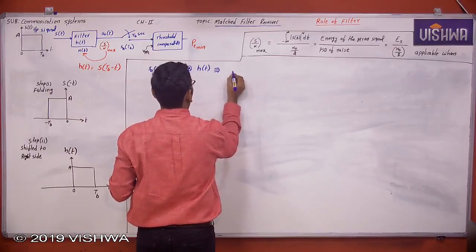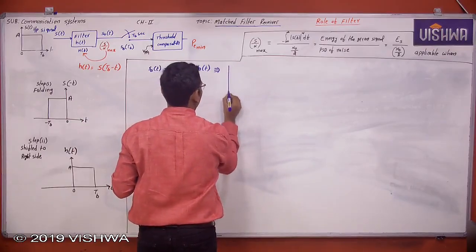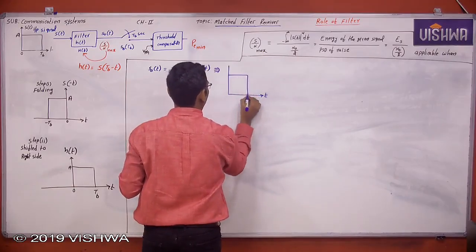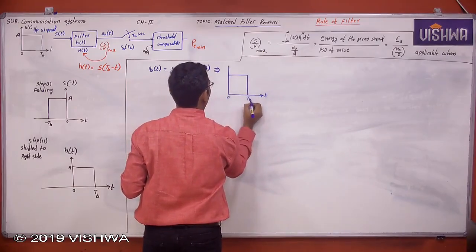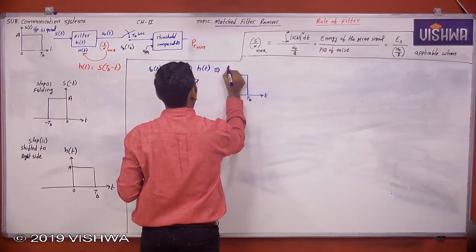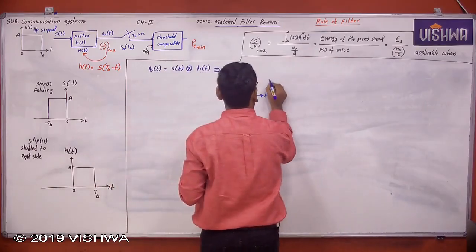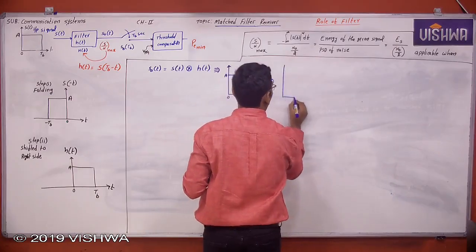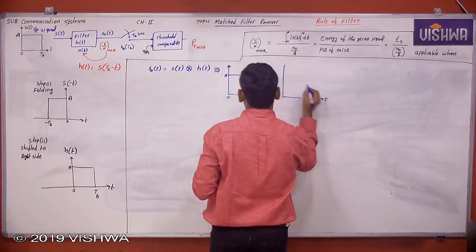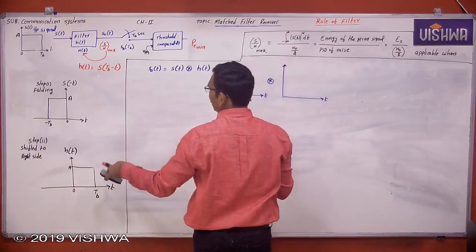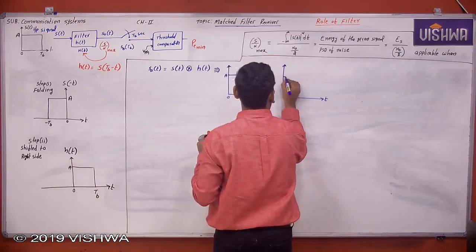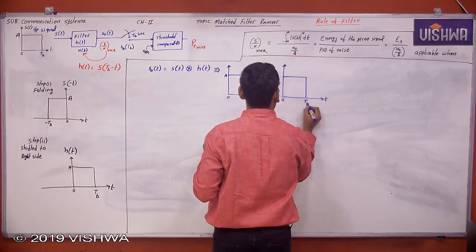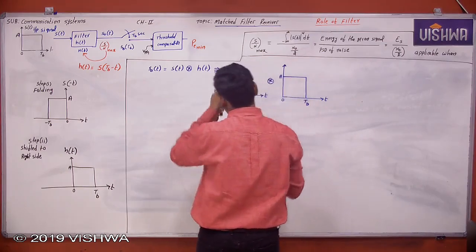S of t is nothing but a rectangular pulse of pulse width Tb, pulse height or amplitude A. This is convolved with h of t. The impulse response of the filter is same as that of the input signal.